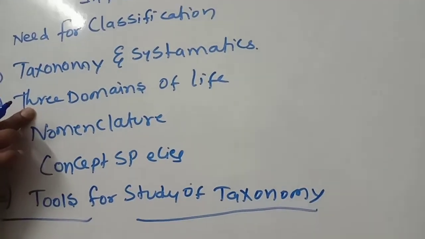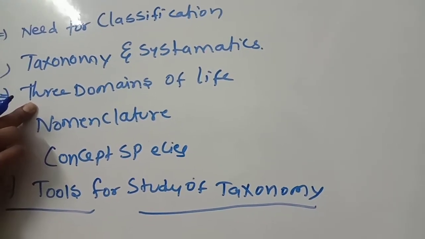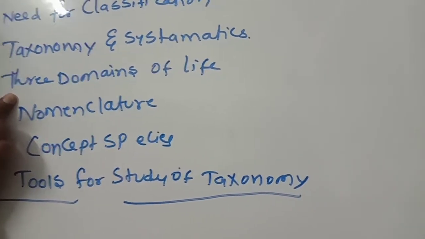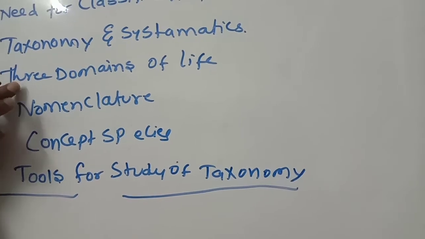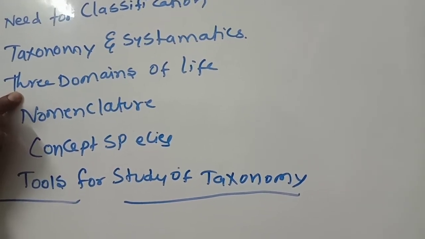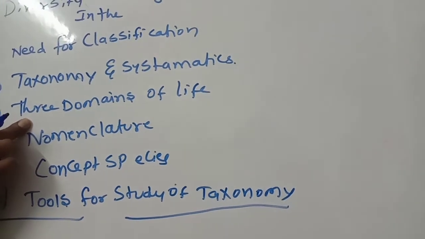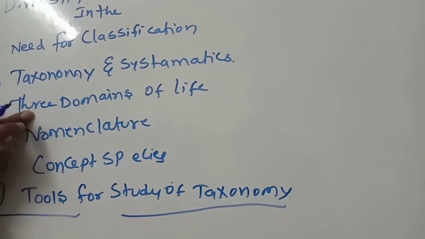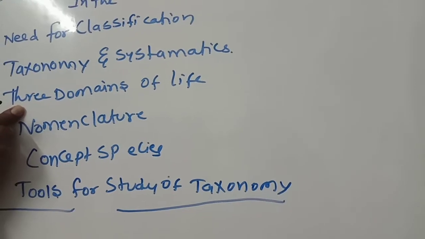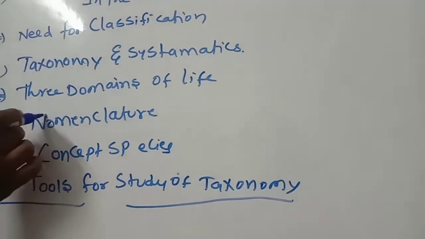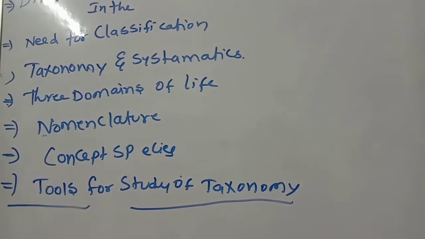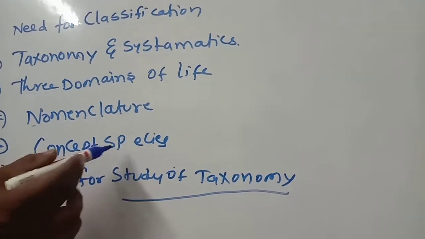Then Carl Woese's three domain concept. Number one, the Archaea domain. Next, the Eukarya domain and the Bacteria domain. Then five kingdom concept, three kingdom concept. Whittaker's Monera, Protista, Fungi, Plantae, Animalia. Later, we discussed nomenclature, naming of the animals, then concept of the species.